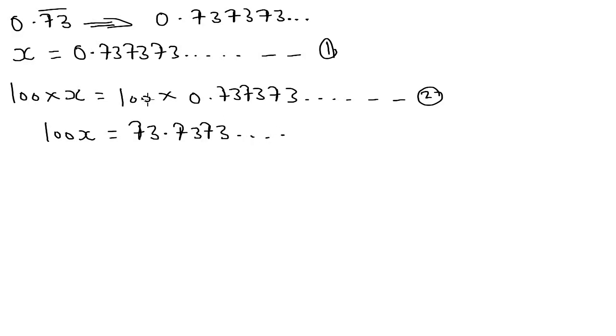Am I communicating? So now we need to subtract the 2 equations from one another. To make this simple, let's bring equation 1 all the way downward, because we are subtracting equation 1 from equation 2. So this is still our equation 2 in simplified form. Bringing equation 1 down, we have x equal to 0.7373 repeating, making sure the decimal points are in line.